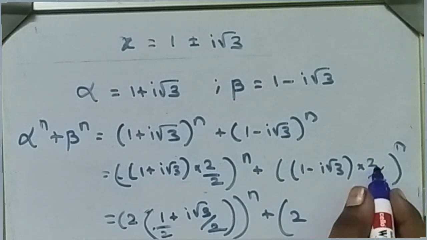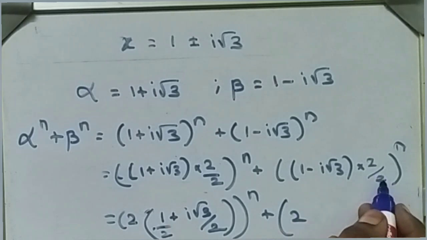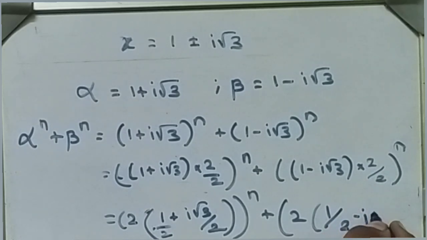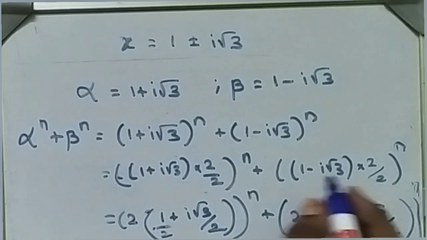Likewise the 2 in the numerator comes here. What will we have remaining? We have 1 by 2 remaining. I am going to take this 1 by 2 within this bracket. So 1 multiplied by 1 by 2 will be 1 by 2, minus i root 3 multiplied by 1 by 2 will become root 3 by 2, the whole power n.